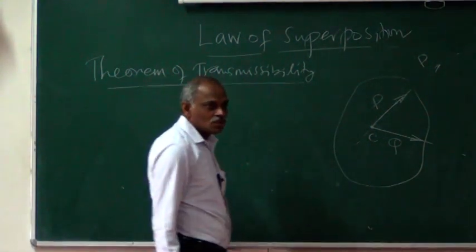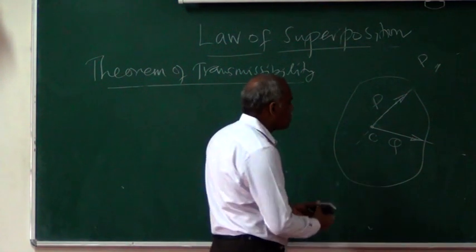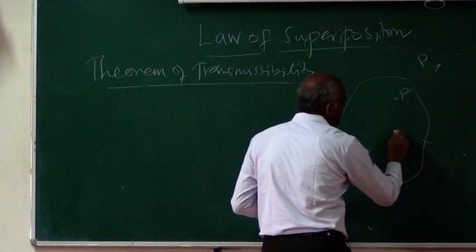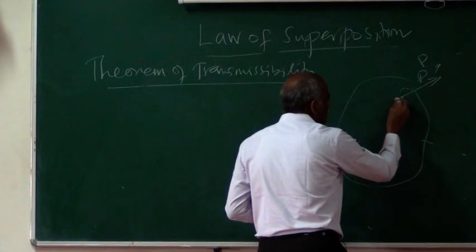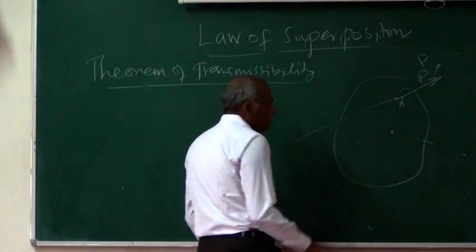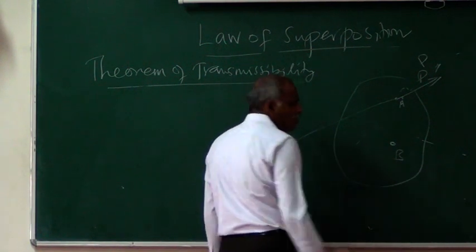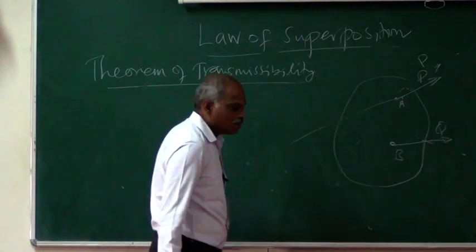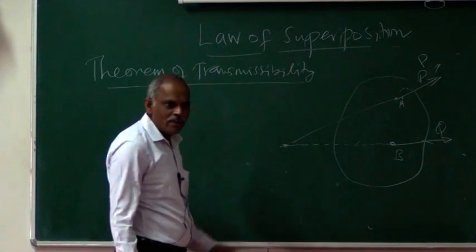Suppose their intersection is not on the body. Suppose I have a force P acting at a point A, with its line of action like this, and I have another force Q acting at a point B. If I extend them, their intersection is going to be away from the body.